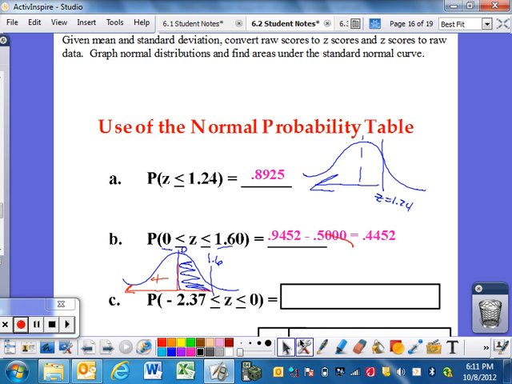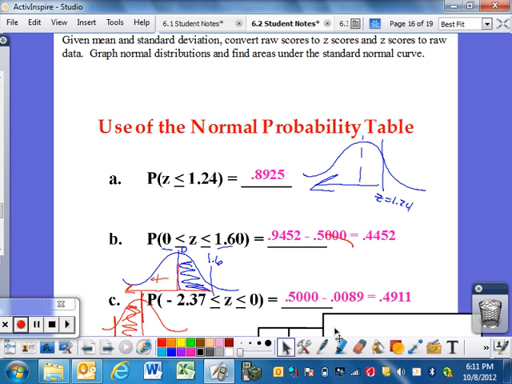And then here, if I want the probability of negative 2.37 to 0, I'm now starting at 0, and negative 2.37 is over here. I want to find this information. Well, I'll start at the far right. That 0 is, we just talked about it, 50%. And I'm going to subtract whatever this number is.